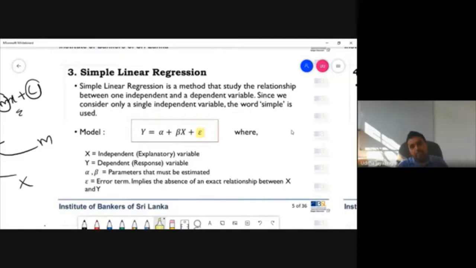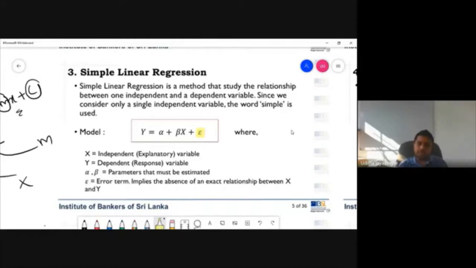Simple linear regression is a method that studies the relationship between one independent variable and a dependent variable. So we've been discussing this again and again. Since we consider only a single independent variable, the word simple is used.